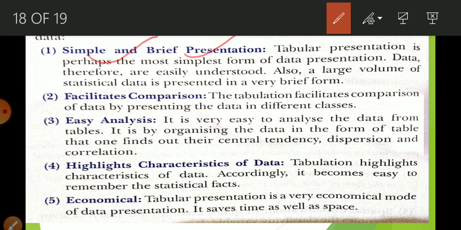Suppose you are going to represent it textually, so what you have to write: in class 11 C there are 50 students. Among the 50 students there are 20 boys and 30 girls. Today 10 boys are absent, 10 boys are present, and among the 30 girls, 25 are present and 5 are absent.